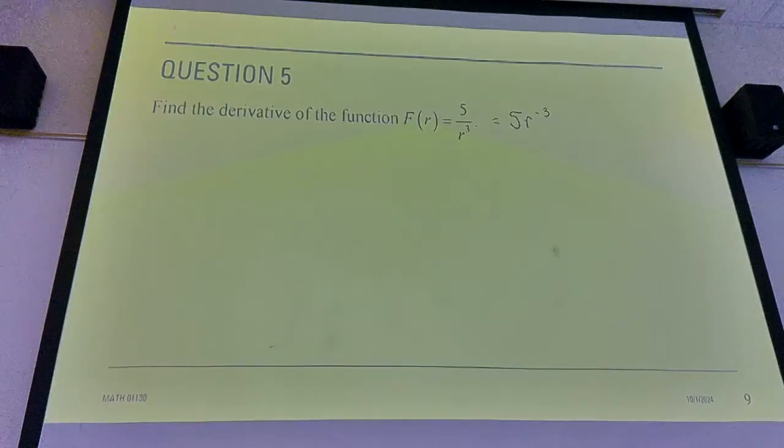So what rule is it to find the derivative of a power function? Power rule. What other rule? There's one more. Constant multiple rule, which is what tells you to then multiply that by 5.